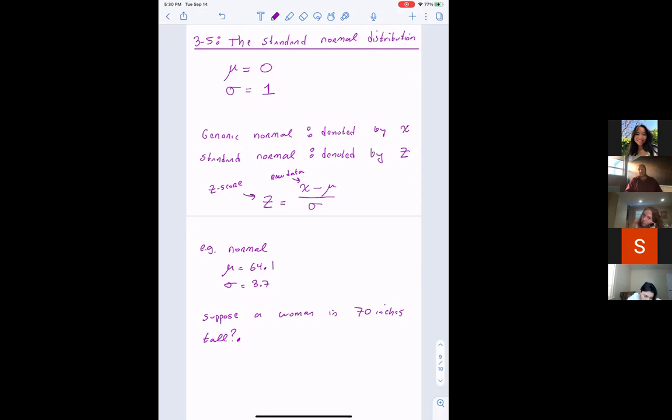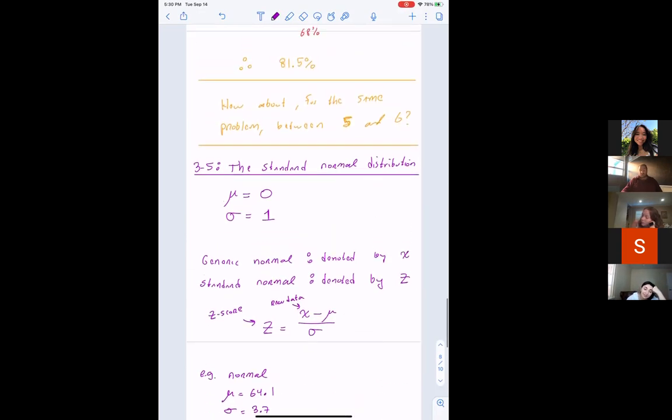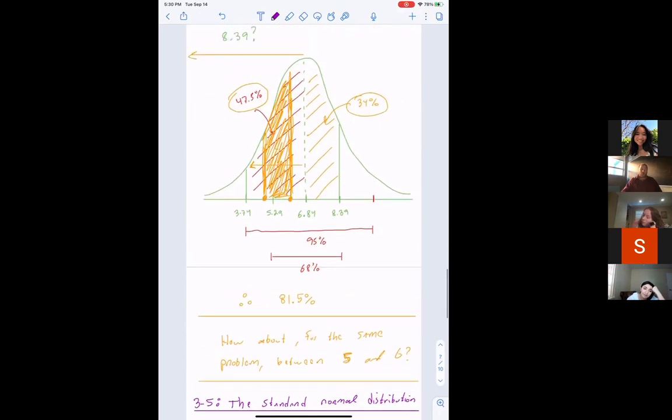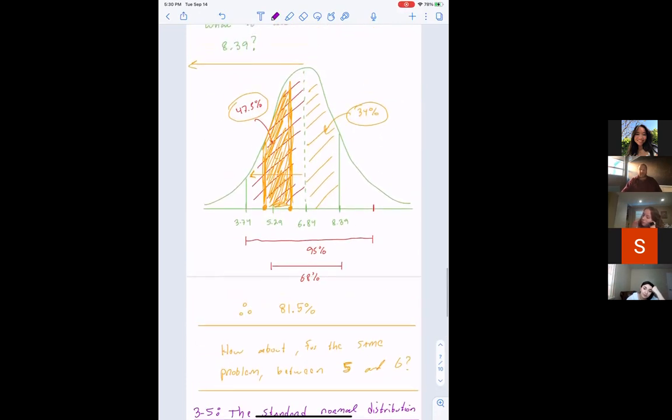Is that abnormally tall or not? Is this... I won't say abnormal, it's probably a bad word to use, but is this strange? What do I mean by strange? Well, if you look at a normal curve, where are most of the outcomes likely to be?